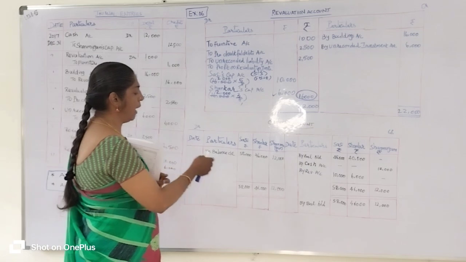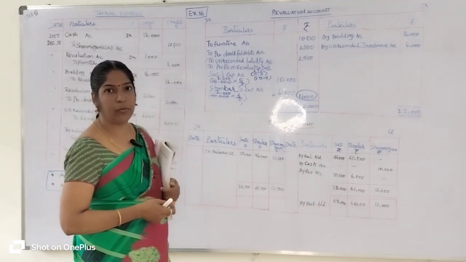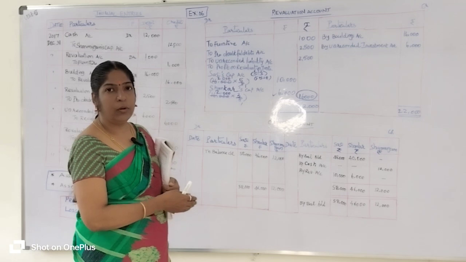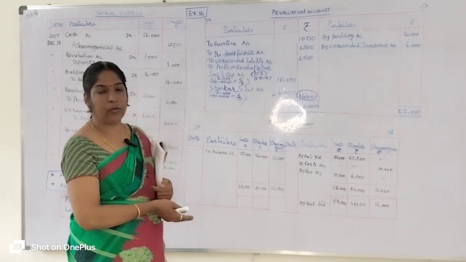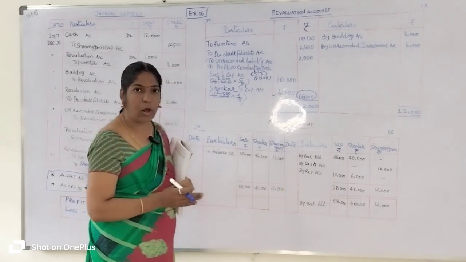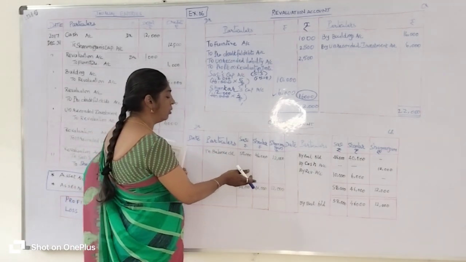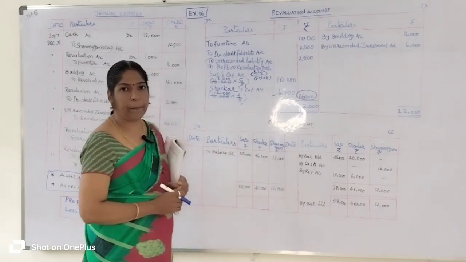Okay, so after entering the total, which side has the lesser value? Now we are going to close the capital account. How do you close the capital account? You are going to balance the figure.